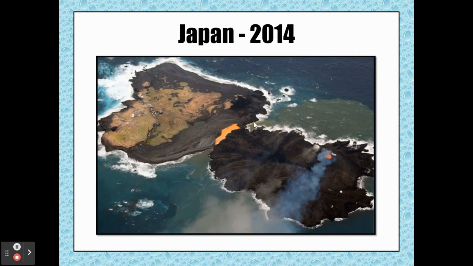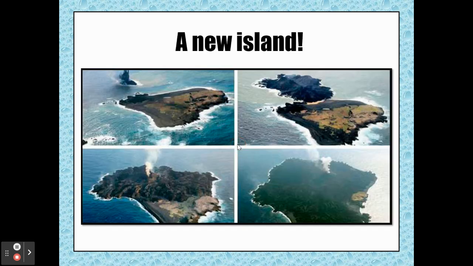And then a year later, same island, look how much it's grown. So you've got a lot of activity. The lava is coming out. It's creating more rock, more surface, and the island is growing larger. And so again, you get a new island. So up here, the island is starting to form, and then you've got this island part here, and then over time, you still have the volcano there.